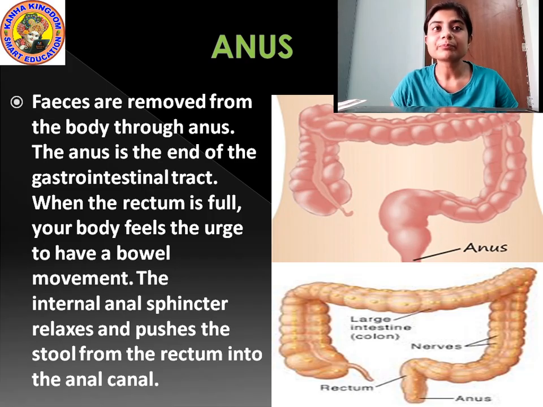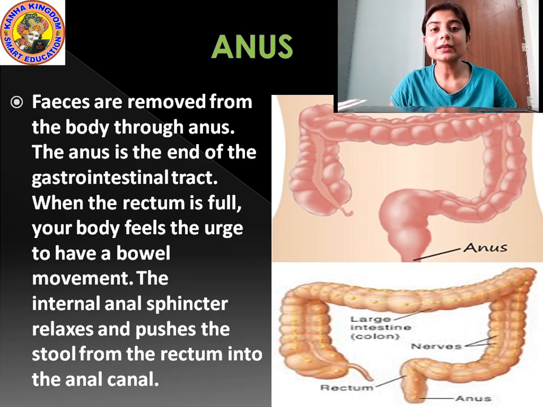When your body feels the urge to have a bowel movement, that means when your body feels that it cannot keep more food in your body, you have the urge of going to the toilet. That is the bowel movement.